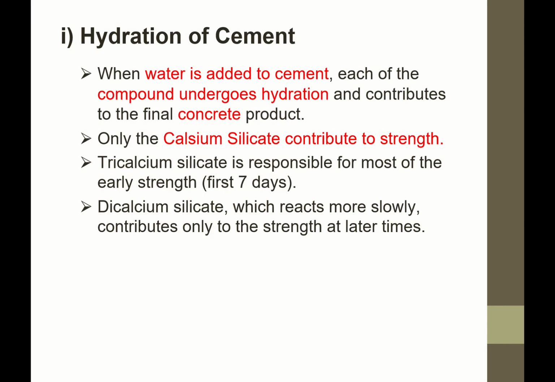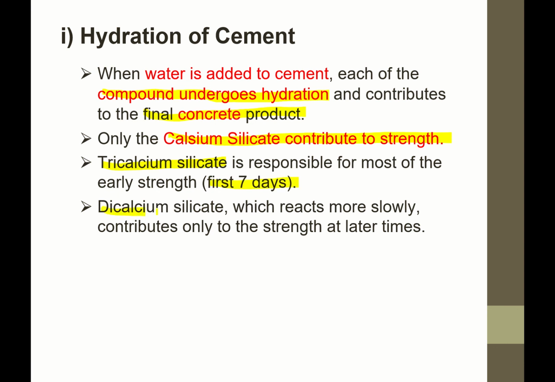Okay, let's look into the hydration of cement. When water is added to cement, each of the compounds undergoes hydration. This is the natural process when you add water to cement, and it contributes to the final concrete product. Only the calcium silicates contribute to strength. Tricalcium silicate is responsible for most of the early strength, especially for the first 7 days.